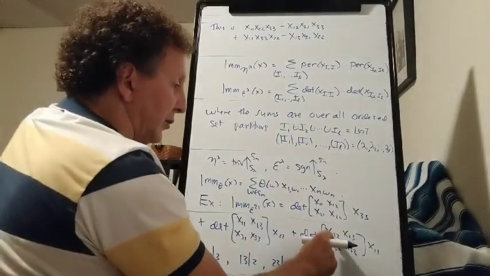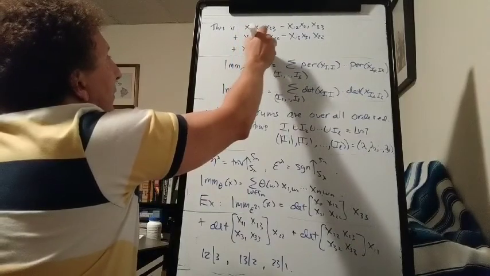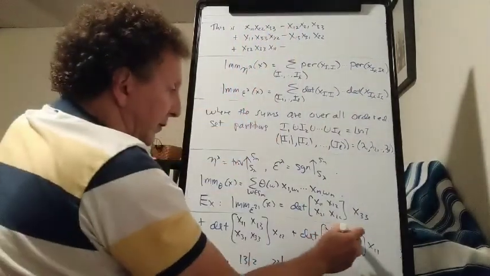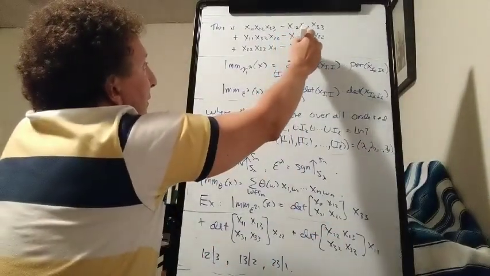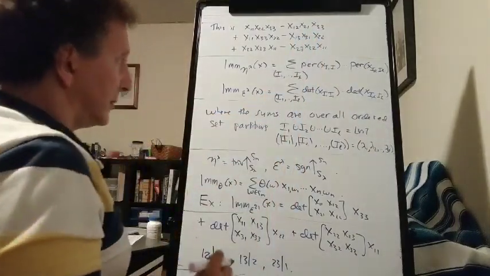And then here we've got x2,2, x3,3, x1,1. Minus x2,3, x3,2, x1,1.